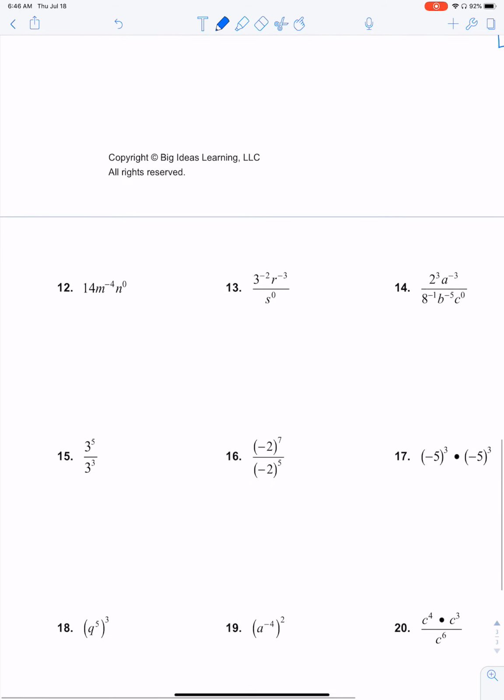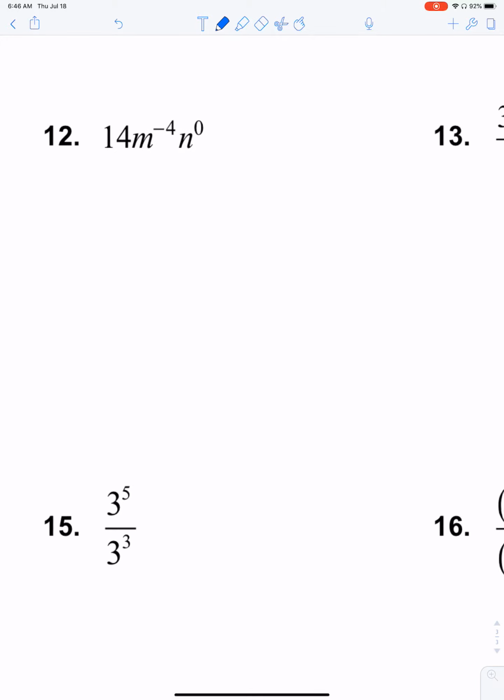12. Again, multi-step. You're going to be seeing this more often now. I'm going to leave that 14 as is. M to the negative 4th, I'm going to change it to 1 over m to the 4th. I want to get rid of that negative exponent. N to the 0 power, anything to the 0 power I know is 1.